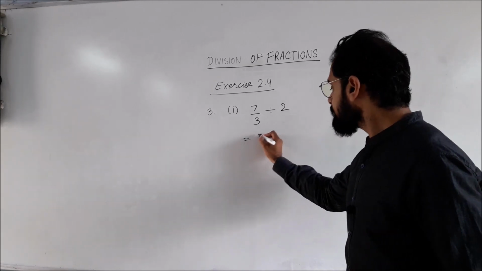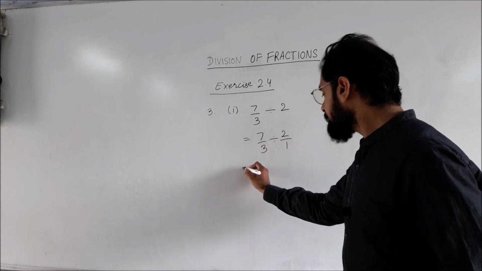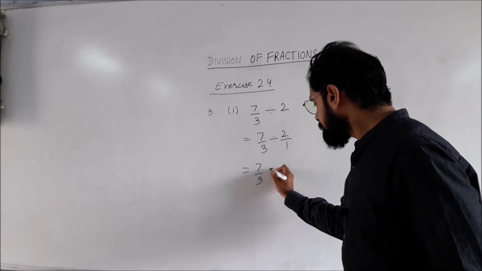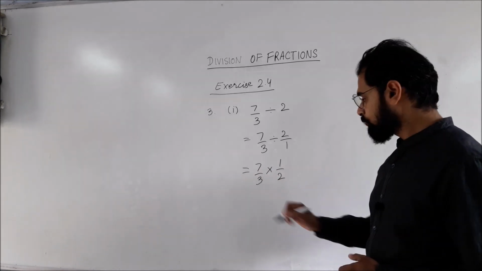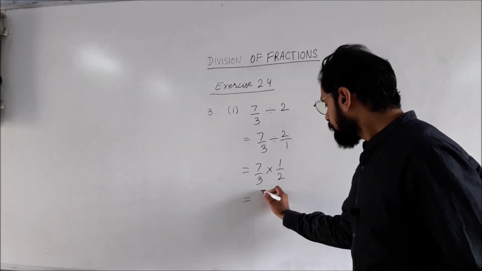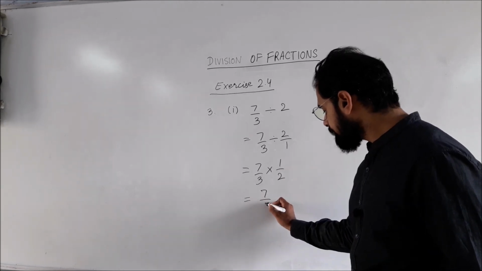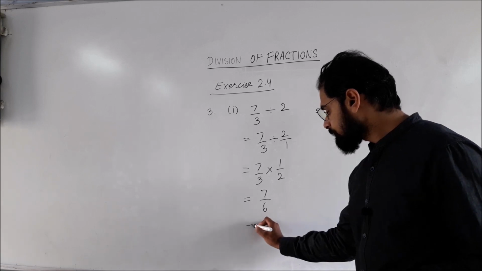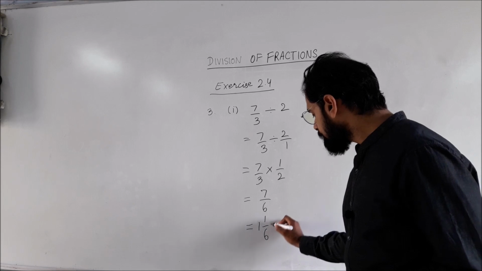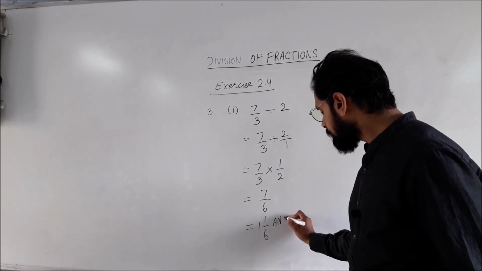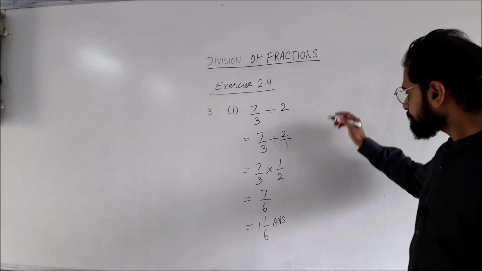So the first step is both the numbers will be changed to their fractional form, then division will become multiplication and 2 will become 1/2. Now 7 will be in the numerator, 7 into 1 is 7, 3 into 2 is 6. So this is your answer, which can be changed to mixed number form as 1 and 1/6. This is the answer.